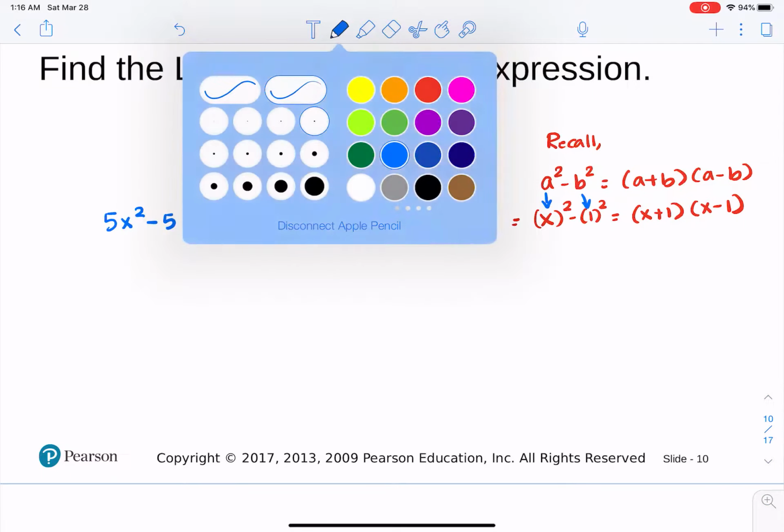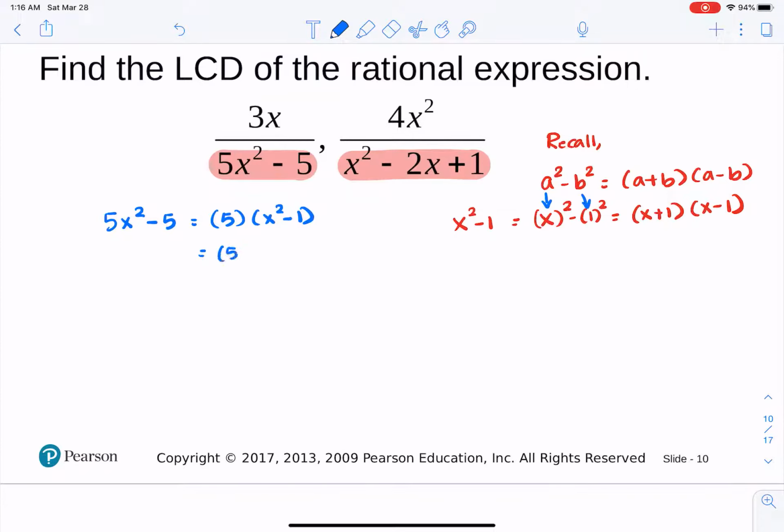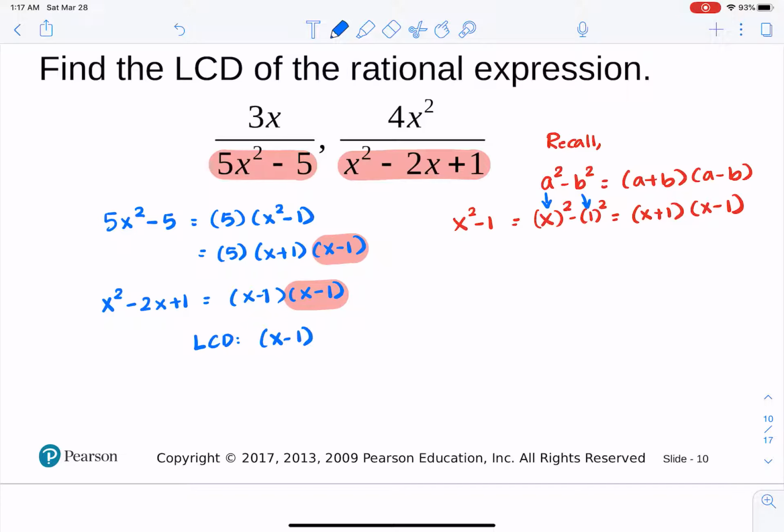So I can rewrite 5 times x plus 1 times x minus 1. The other denominator, x squared minus 2x plus 1, can be written as x minus 1 times x minus 1. Let's see what we have in common. X minus 1 is in common. So we write x minus 1. The other terms don't have anything in common, so we simply write it down.